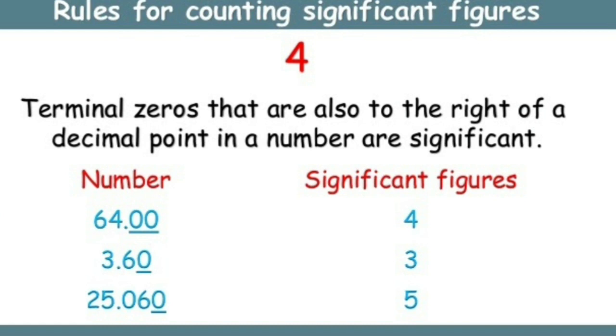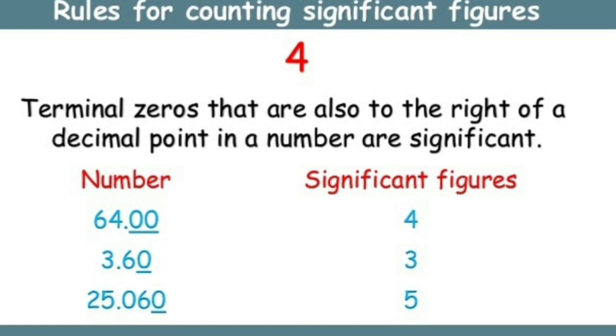The trailing zeros. That's what we mean by terminal zeros. The trailing zeros are significant. For example, 64.00, those two zeros are significant. 3.60, that 0 is significant. 25.060, here you look, both the zeros are significant.